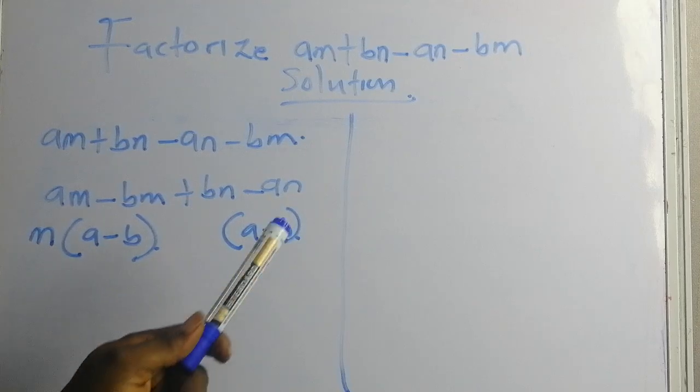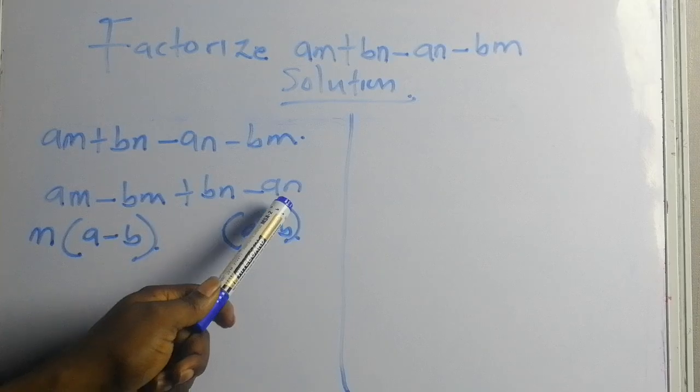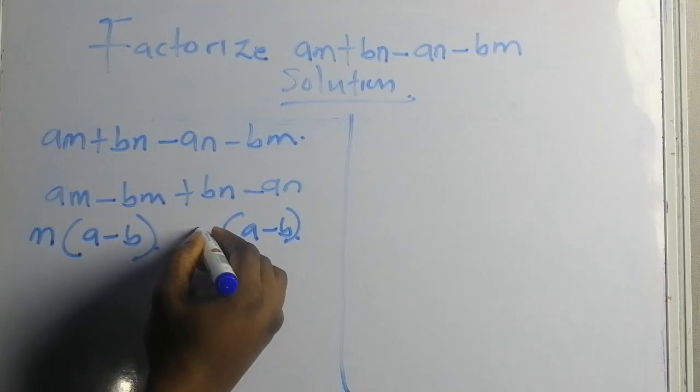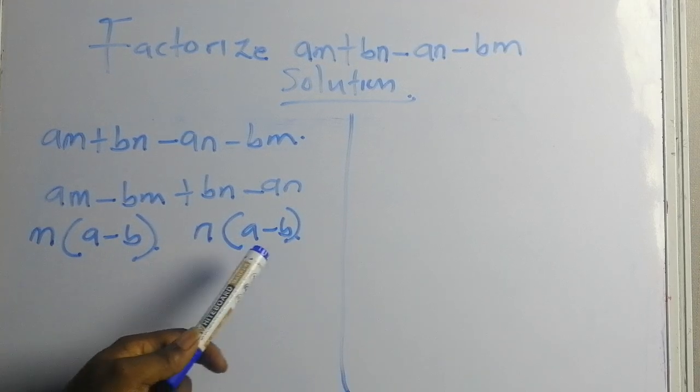N is common, so I first bring the n out. A minus b must also be repeated here. That is factorization for you. Go and check all the factorization we've done in all our parts. What you have here must also be here.